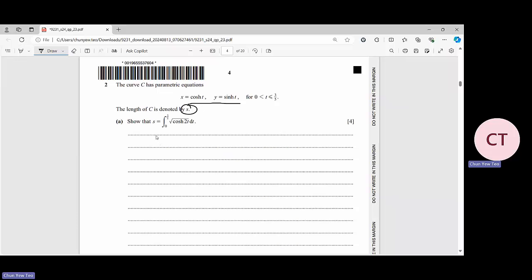First of all, we need to know the formula. To find the arc length, we need to find dx/dt and dy/dt. dx/dt will be negative sin t, then dy/dt will be cos t.